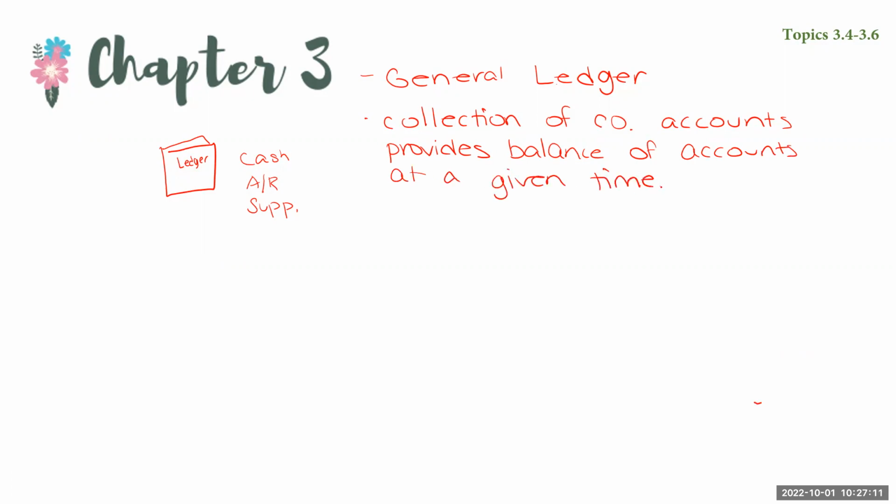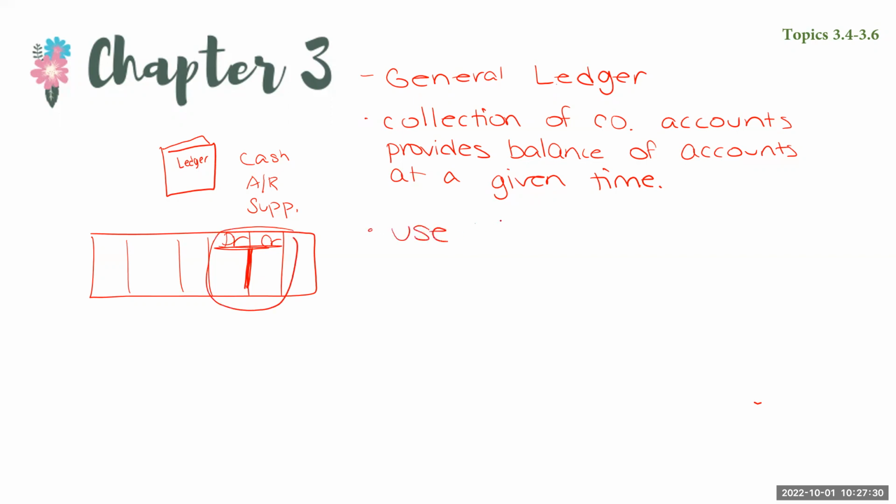Now you can look in the book to see what the format is for those ledger accounts. It's quite involved, with that many columns, but we're just going to take the debit and the credit column, which in essence is a T account. So in this class, you can use your T accounts for the general ledger.